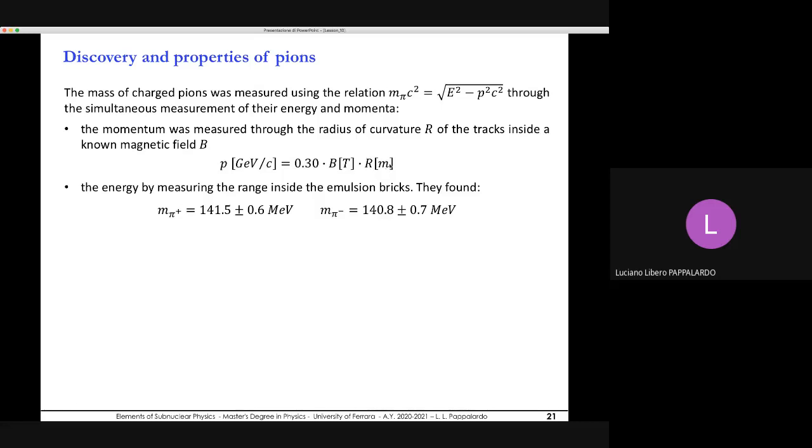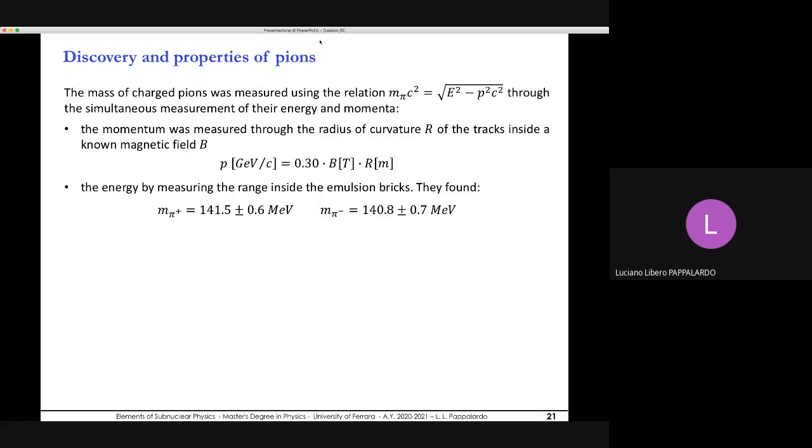So one can measure with the tracking detector the radius of curvature. And by knowing the intensity of the magnetic field in Tesla, you just get, by this simple relation, the value of the momentum in GeV/c. And the energy, which is the second ingredient, was instead measured by measuring the range inside the emulsion bricks, the range before stopping inside the material.